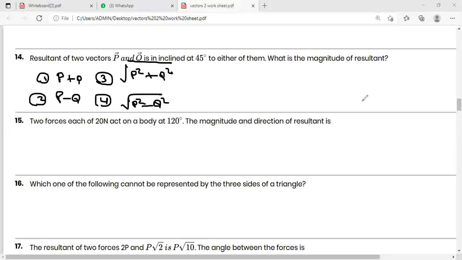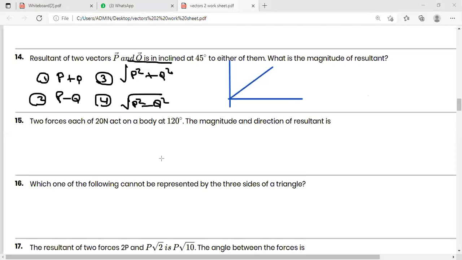See, question number 14. The resultant of two vectors P bar and Q bar is inclined at 45 degrees to either of them. What is the magnitude of the resultant? So see here two vectors are taken. The resultant is making 45 degrees with both of them. That means both of them should make an angle of 90 degrees, na?